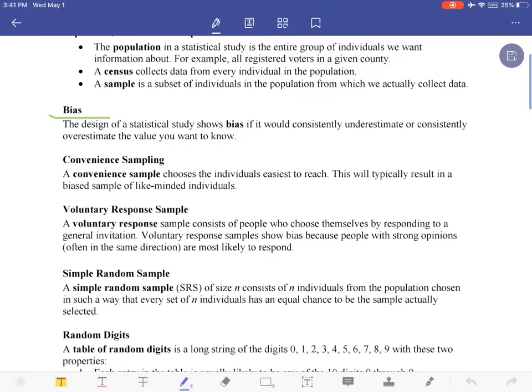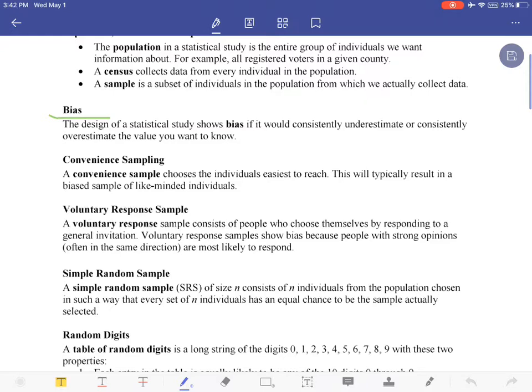So if I wanted to see what all the students at Cane Ridge thought and only sampled my statistics classes, that introduced bias because I'm only surveying mostly seniors and students that are in honors or AP class. So that's not going to be a good representation of the whole school. We're missing out on freshmen, sophomores, and students that aren't taking honors math classes. So you want to try to eliminate bias as well.